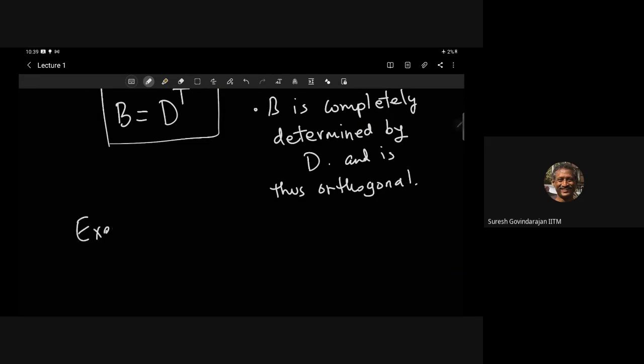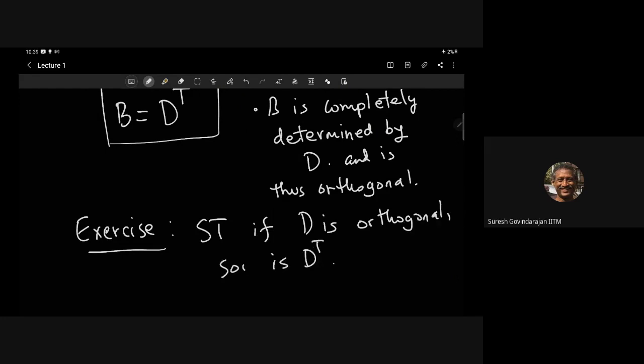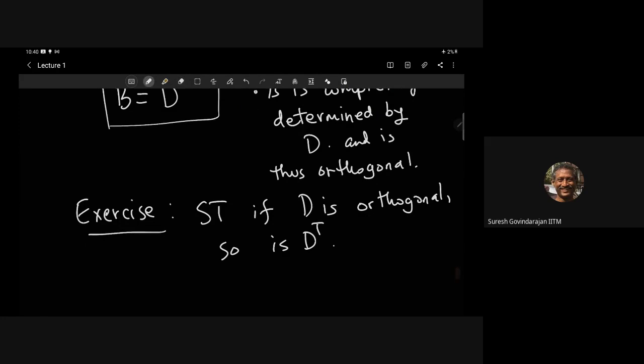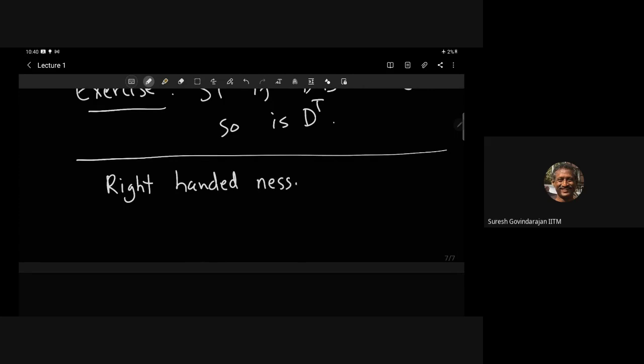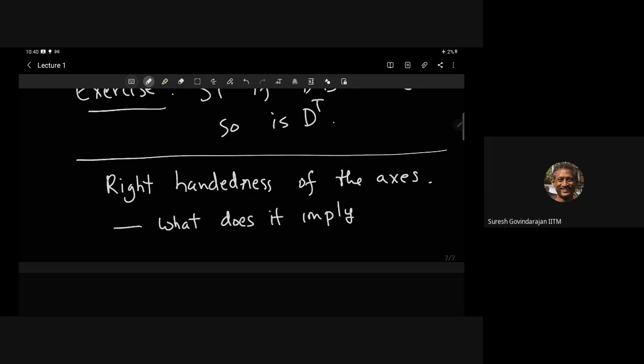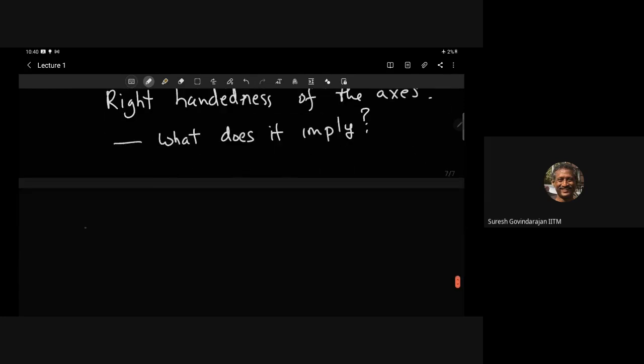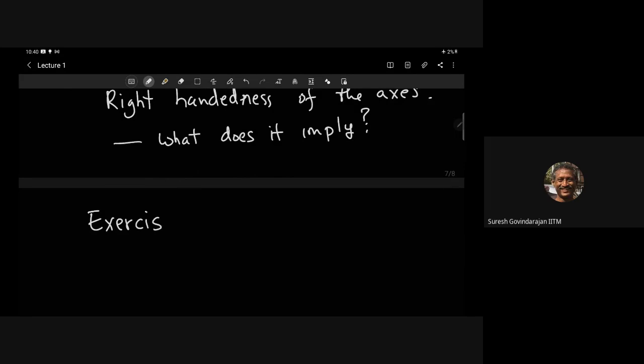Exercise. Show that if D is orthogonal, it's actually very trivial. Exercise.